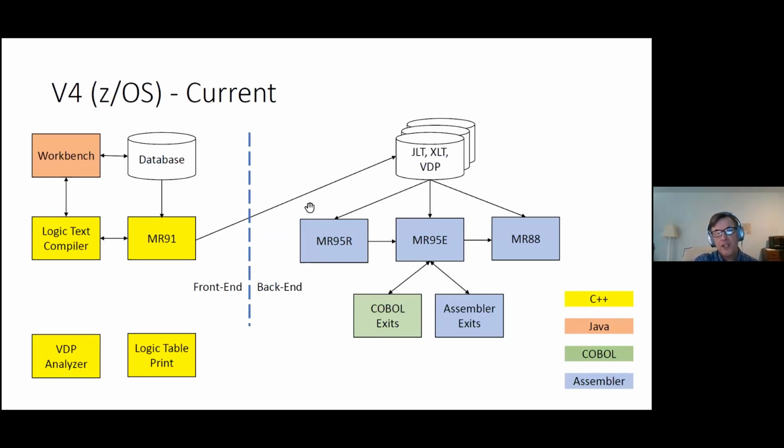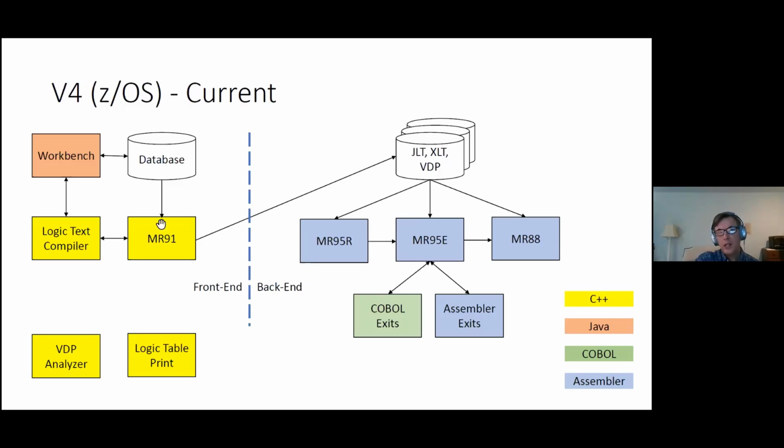On the left side, I've accumulated all of the pieces which we're going to think of as the front end. It's everything that the user interacts with. The workbench up here in the upper left, which is something that interacts with the database. The users can put metadata into the database and then call the logic text compiler to compile text into logic table codes.